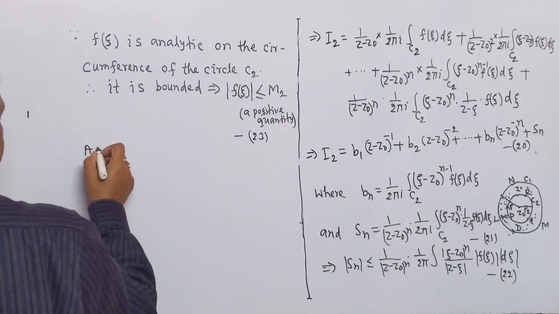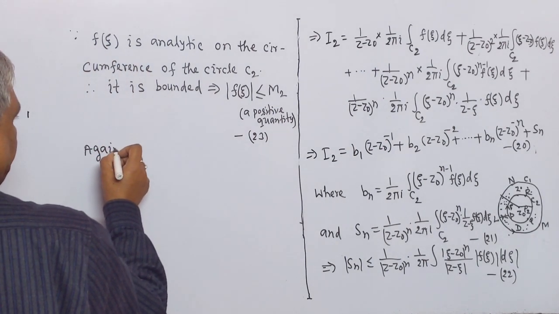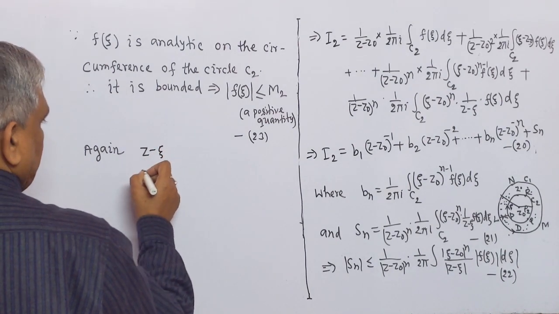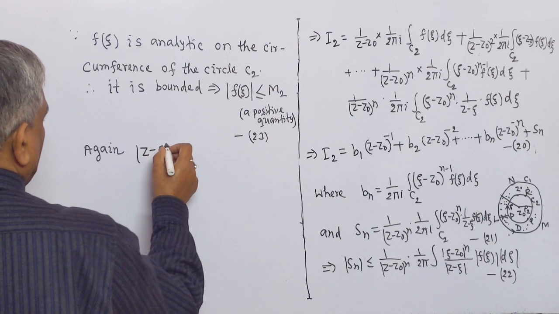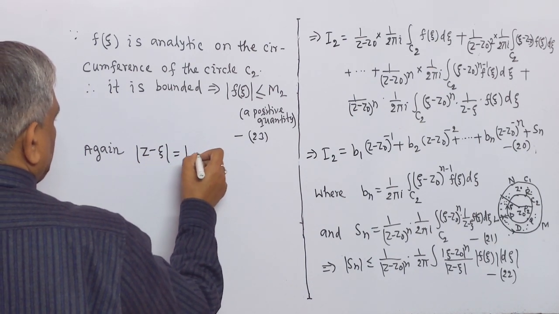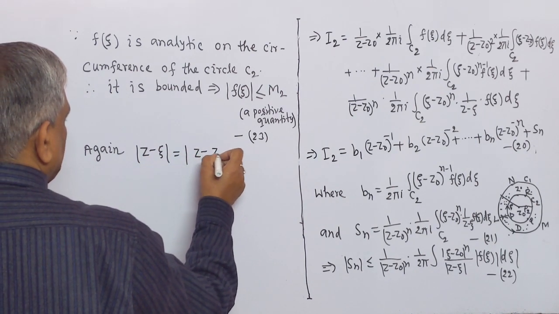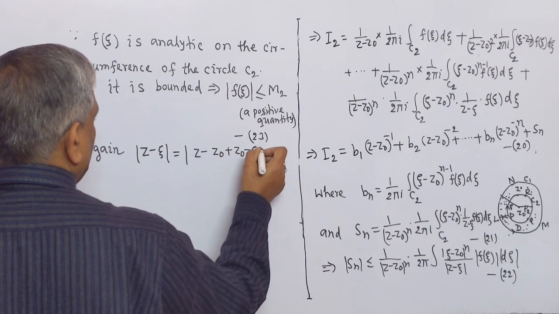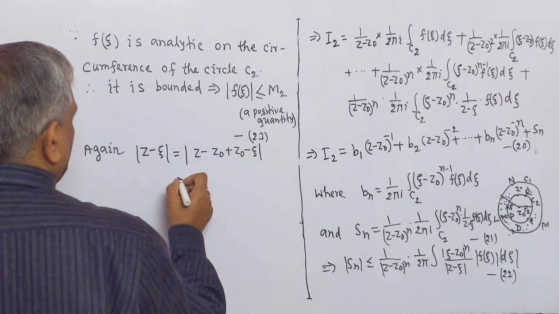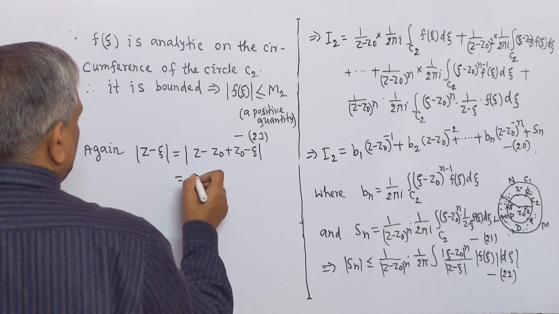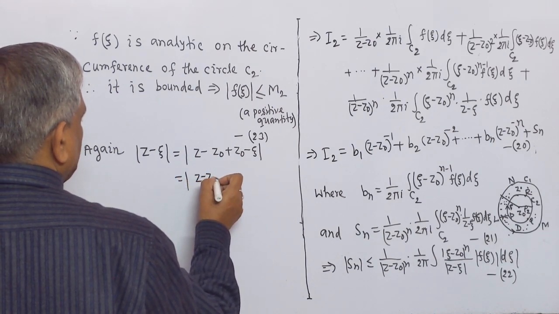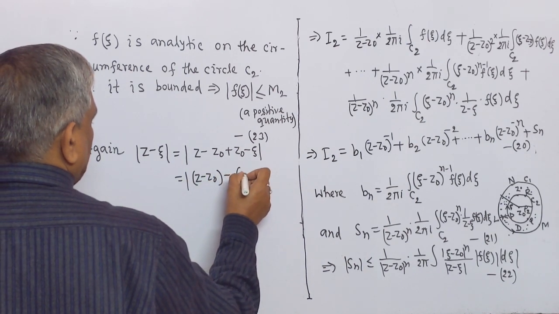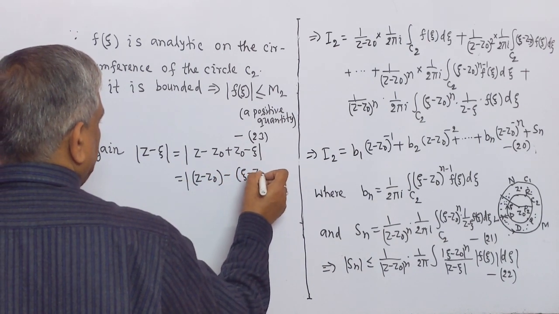Again, modulus of z minus xi equal to modulus of z minus z naught plus z naught minus xi. This is equal to modulus of z minus z naught minus xi minus z naught.